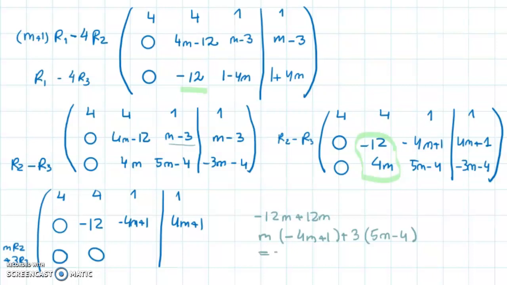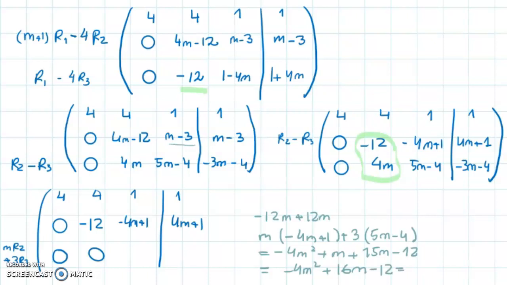So we're going to have minus 4m squared, and then plus m plus 15m minus 12. So this is our new entry. We have to squeeze it a little bit over here. Actually, let me write it one more time here. Minus 4m squared plus 16m, and then minus 12.